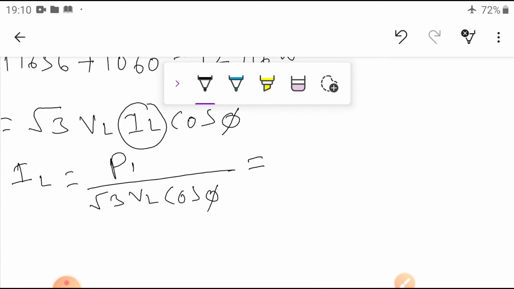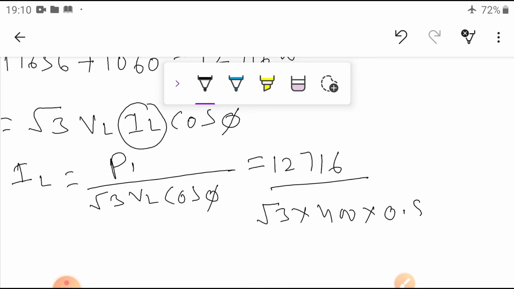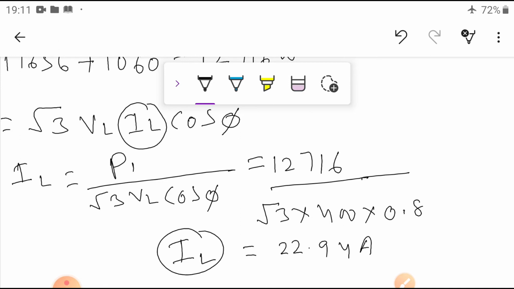We calculated it just now: 12716 divided by root 3, this is a constant, and voltage is 400 is given, and power factor is 0.8. Simply do it, then we are going to get nearly 22.94 amps. It will draw this from the supply. This is the line current. So we know the line current, and whatever he asked, we know everything.